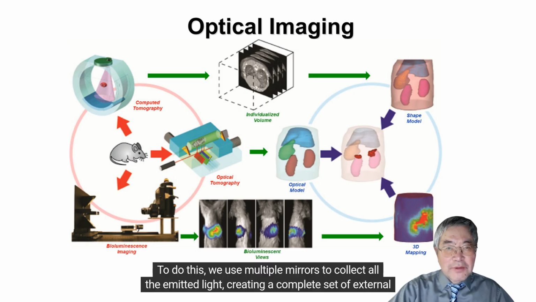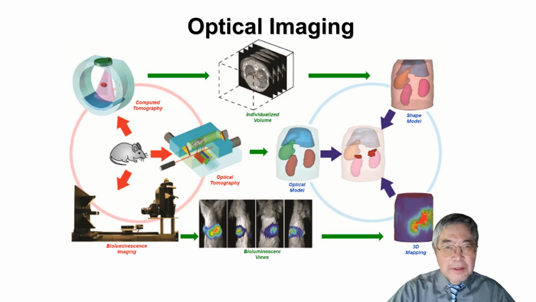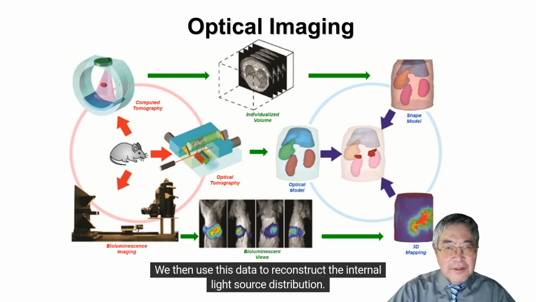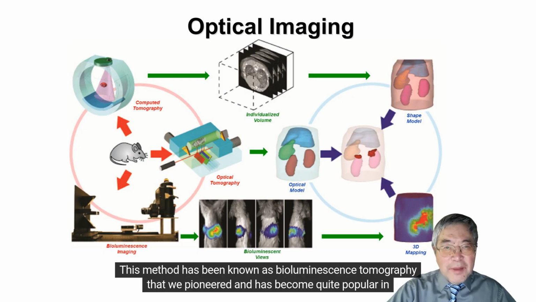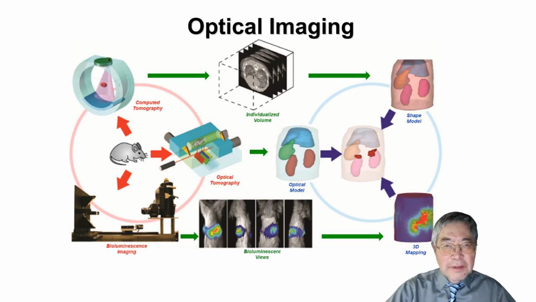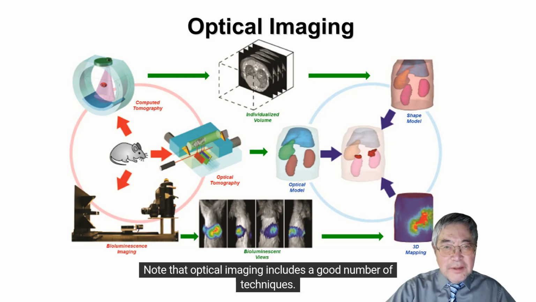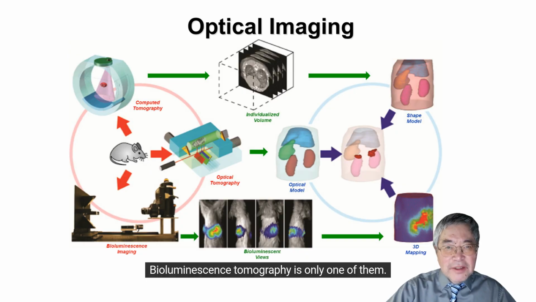To do this, we use multiple mirrors to collect all the emitted light, creating a complete set of external views. We then use this data to reconstruct the internal light source distribution. This method, known as bioluminescence tomography, which we pioneered, has become quite popular in the literature. Note that optical imaging includes a good number of techniques. Bioluminescence tomography is only one of them.